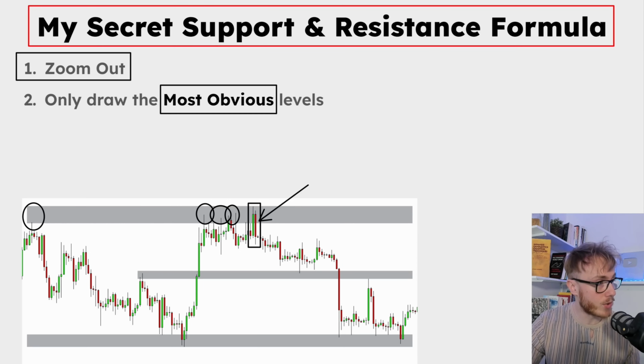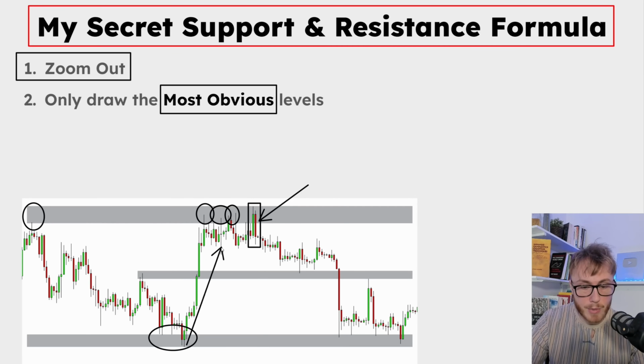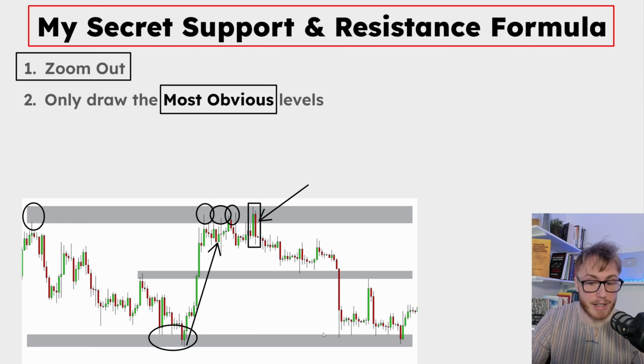And the same thing is true with the support. We can see that we have a pretty obvious support here. Right here, we can see that the level got tested multiple times. And we can also see that the last reaction here was a very strong reaction towards the upside. So that is a good indication that we're talking about strong support. And we can also see here that after we had pretty much a crash right here, we can actually see where the buyers stepped in.